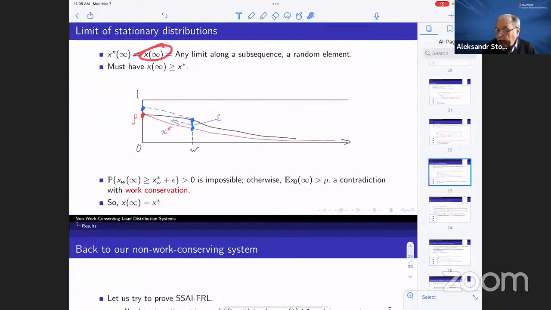If you look at any weak limit along a subsequence, any limit must be concentrated on the trajectories which are above this fixed point, and it cannot be strictly above with positive probability, because if it happens, then with non-zero probability your load will be larger than rho. It's a contradiction with work conservation, and you get the ansatz. So any limit of a sequence of stationary distributions will have to sit at this fixed point.